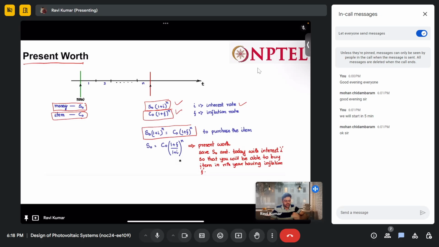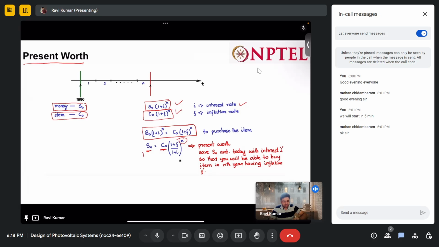If we do this, we can calculate how much amount we need to save today to purchase an item which is costing this much today, after 1 year, after 5 years, or after 10 years.